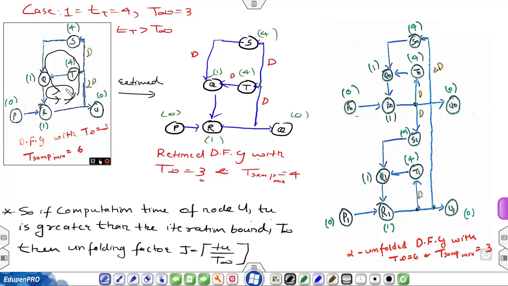For this loop, the loop bound is (4+1+1) 6 by the total number of delays in this loop, 6 by 2, and for this loop the loop bound is 6 by 3. So this is 3, this is 2, and the maximum loop bound is the iteration bound.